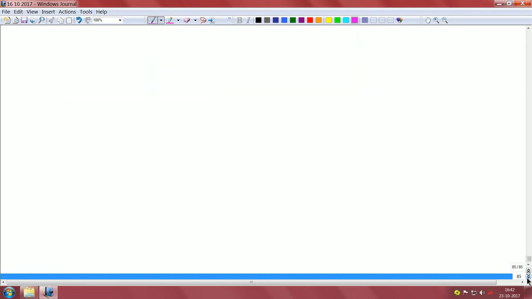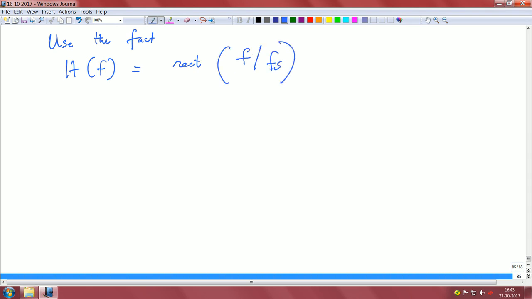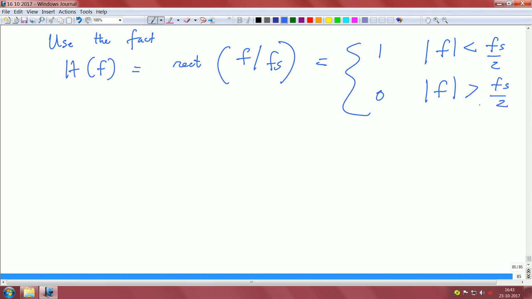So, now H of f is basically a rectangular filter which is basically 1 inside the band and 0 for all frequencies outside, and I have deliberately left the point when it is equal because it is a discontinuity point. Okay. But if you want, you can fold it into one of these inequalities.